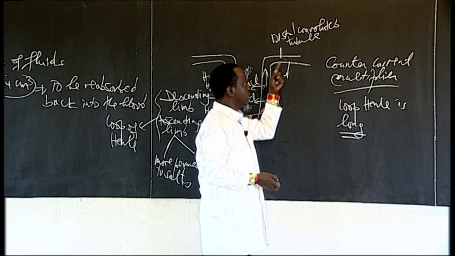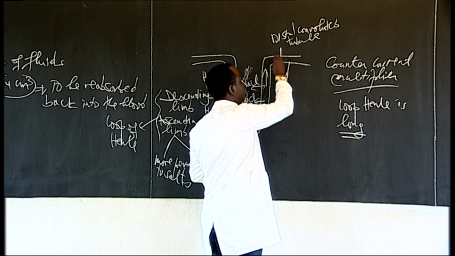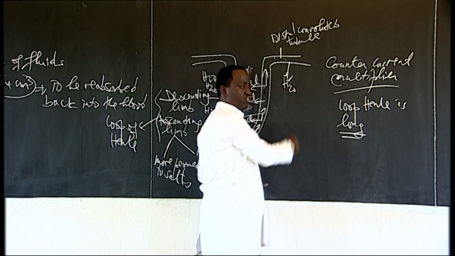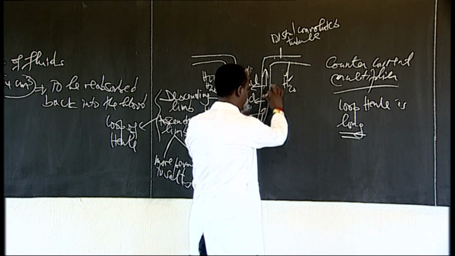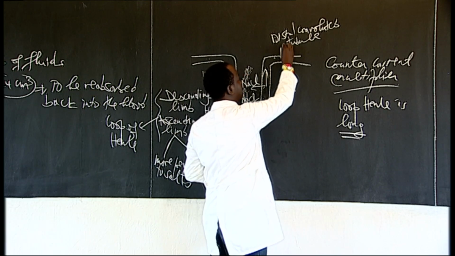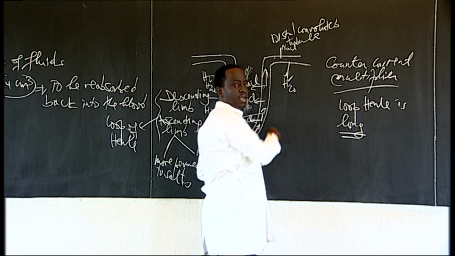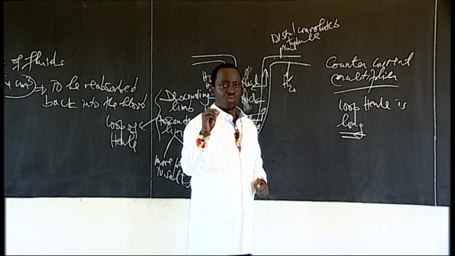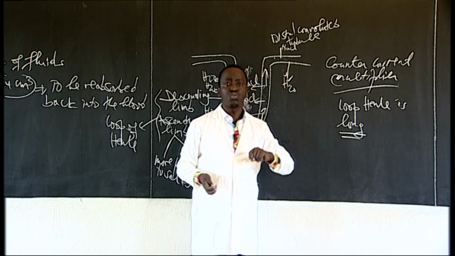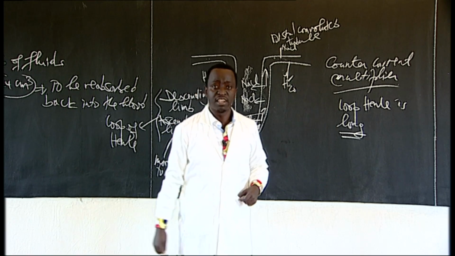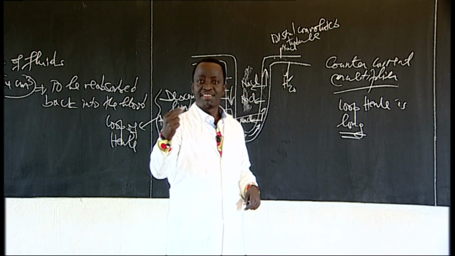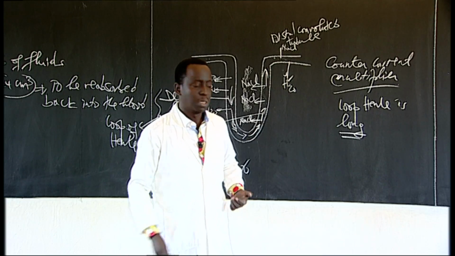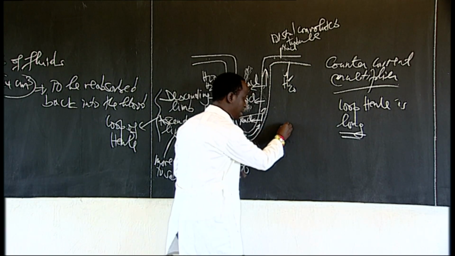But what you have to know here, when our filtrate reaches here, there is some water that is going to be reabsorbed back into the blood. Here we have blood. There are also some ions that are going to be reabsorbed back. Also, here at the distal convoluted tubule, there is what you call secretion. Now, that is the third what? The third step of urine formation. Secretion of what? Suppose, are you together?